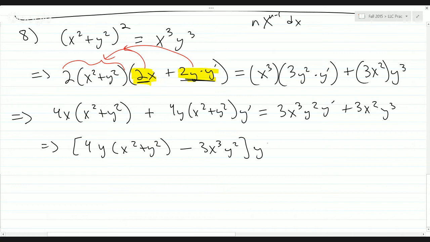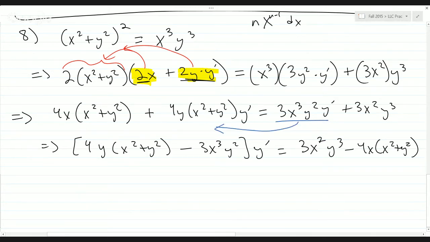All of that is being multiplied by y prime. On the right hand side, we have 3x squared y cubed minus 4x times x squared plus y squared. Right? We brought this over to this side, and we brought this over to that side.